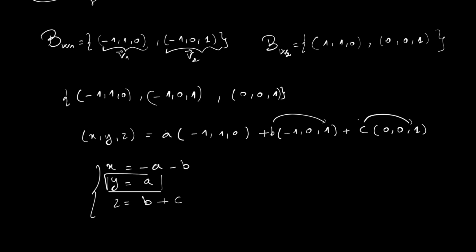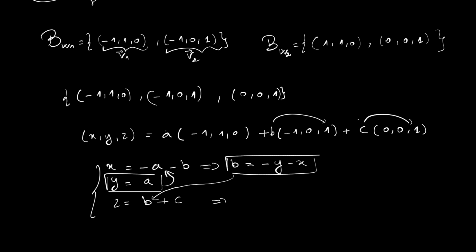From the second equation, we have y equals A. I am going to plug this here, and we can write B equals minus y minus x. Then we substitute this here, and we obtain C equals z plus y plus x.